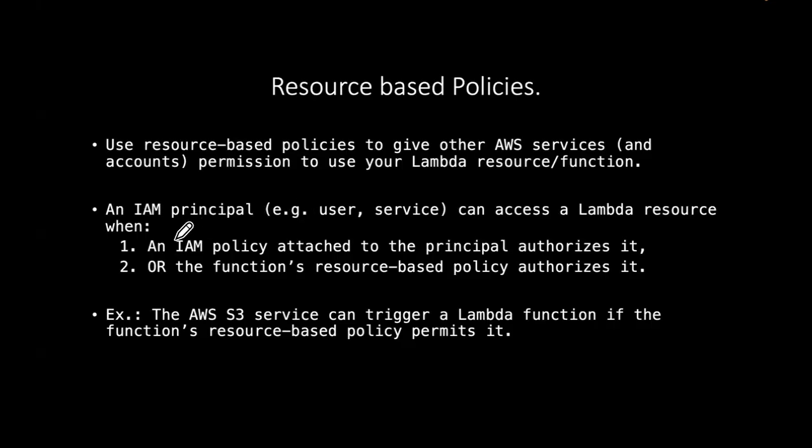Either the IAM principal is granted the permissions explicitly, so it's on the source side: you've configured the source so that they can trigger your Lambda function, or the function's resource-based policy states that they can trigger your Lambda function. The S3 service, for example.